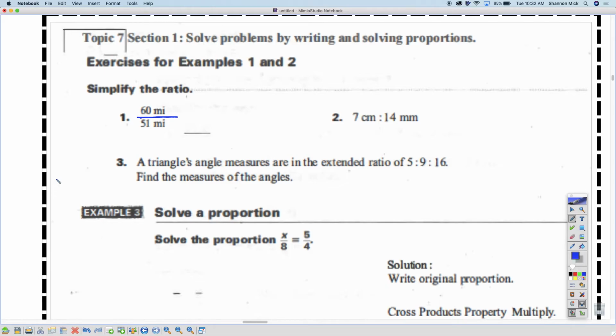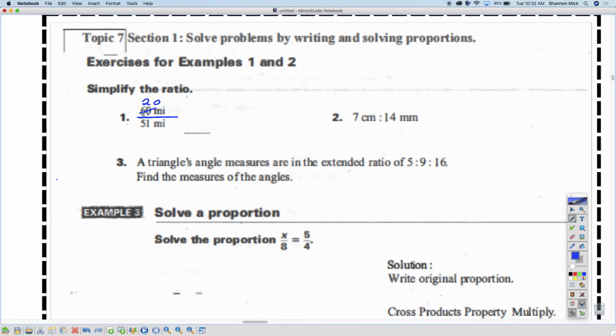Okay, Blaine, what did you do first on number 1? I divided 51 by 3. And you guys remember your divisibility rules, right? If it's even, 2 goes into it. If you add up the digits and the sum is divisible by 3, the whole thing's divisible by 3, correct? So 5 plus 1 is 6, and 3 goes into 6. If I divide 60 by 3, you get 20, correct?